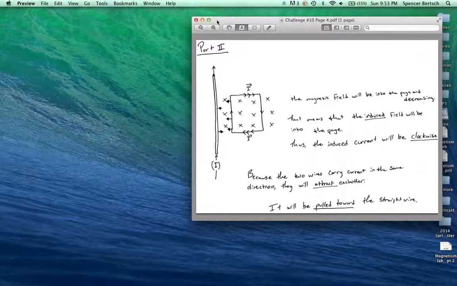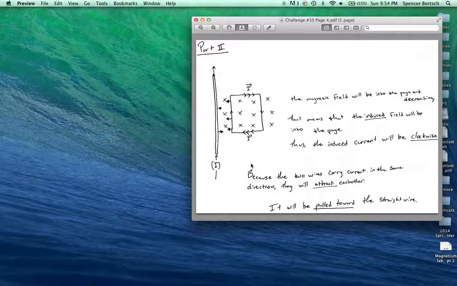So part 2. Interesting. Part 2 asks, will this loop of wire be pushed towards or pulled away from the wire? I said that the magnetic field it will be experiencing from this current-carrying wire is into the page, which we know from the right-hand rule, and it's going to be decreasing.